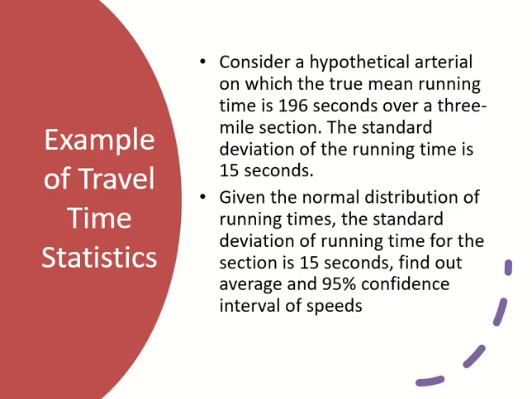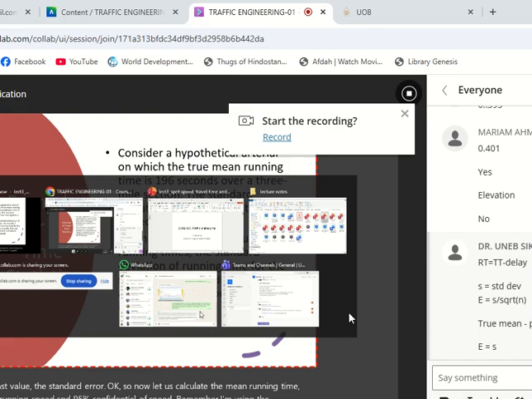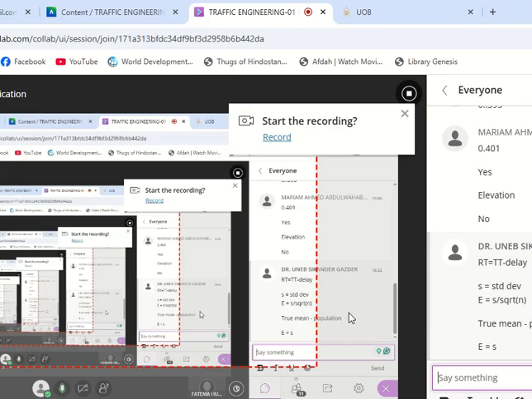Now let us calculate the mean running time, mean running speed, and 95% confidence interval of speed. Remember, I'm using the same equation which we have used earlier. I have running time and I have a 3-mile section. So mean running speed is distance upon time. Remember, distance upon time. So 3 miles distance upon time. Time is 196, the mean running time. It is in seconds, I want hours.